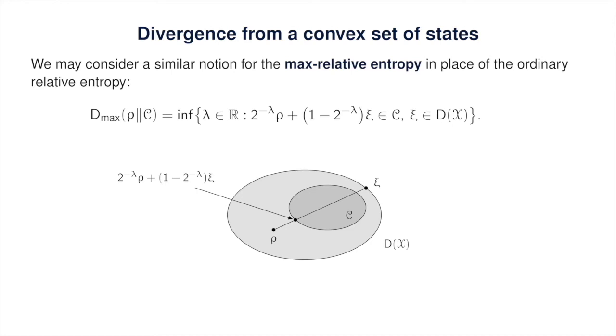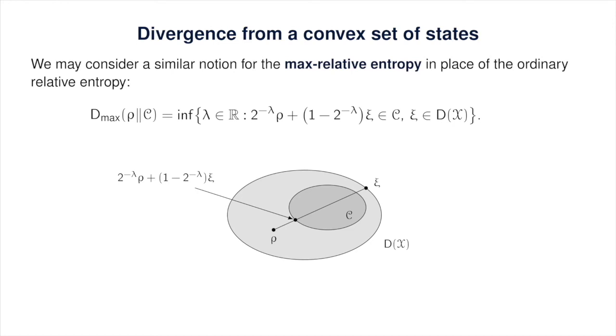And we try to minimize the value of lambda, for which the convex combination puts weight 2 to the negative lambda on rho. That means maximizing the weight placed on rho. You can take lambda equals 0 if and only if rho is contained in C, and otherwise lambda has to be positive and large when rho is somehow very far away from C.